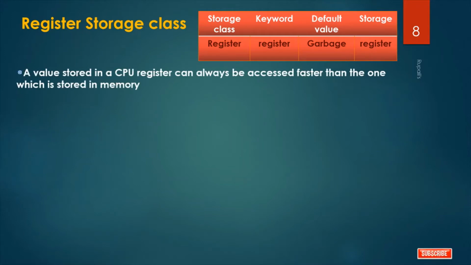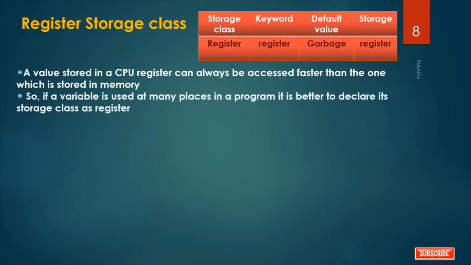A value stored in a CPU register can always be accessed faster than the one which is stored in memory. So, if a variable is used at many places in a program, it is better to declare its storage class as register.